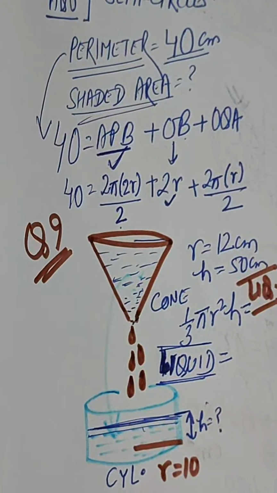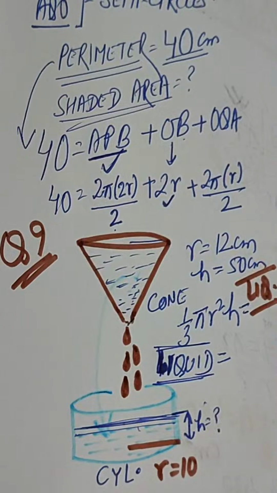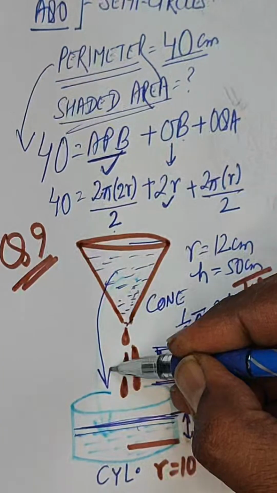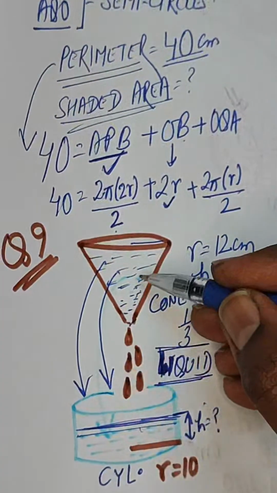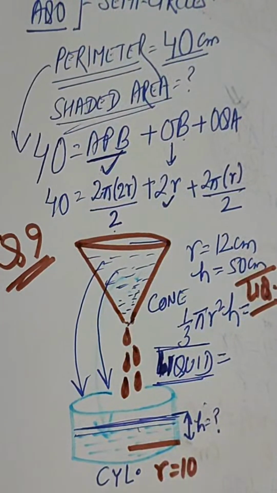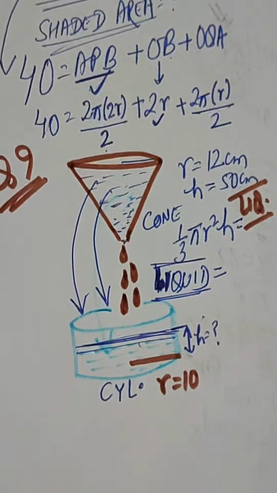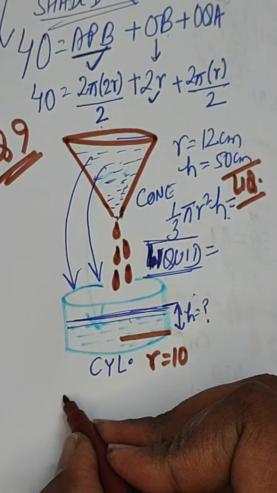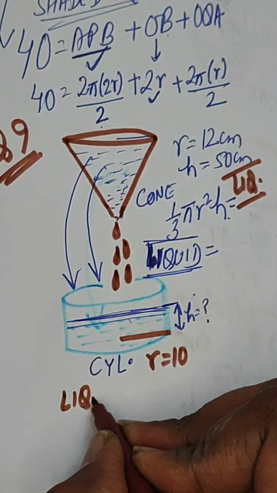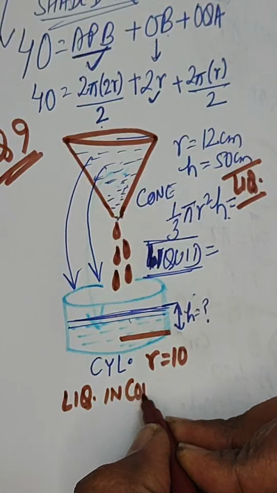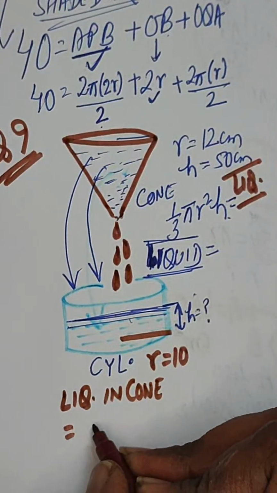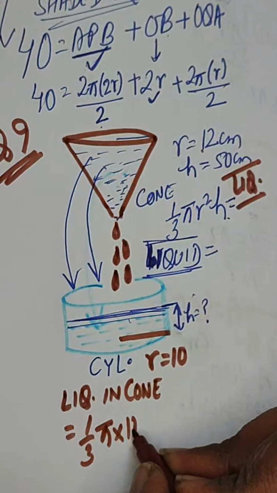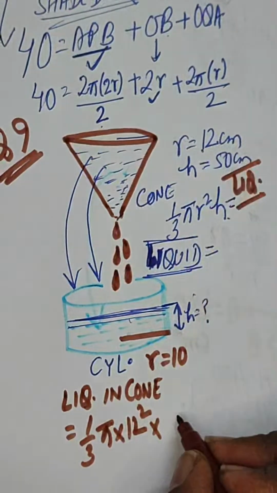Just equate it with the volume of the liquid which is transferred from here to here. So simply put, if the volume of the cone is known to you, then liquid in cone is equal to 1 by 3 pi into r square, that is 12 square, into h, which is 50.